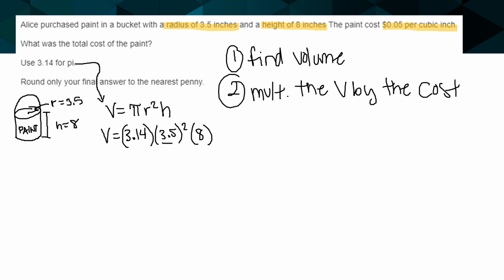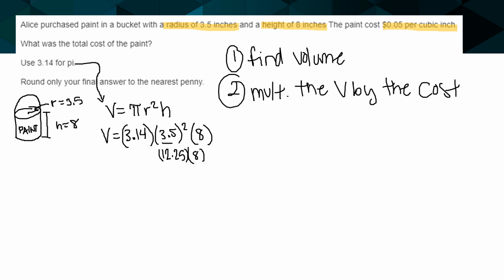First things first, we got to handle that exponent. And 3.5 times 3.5, or 3.5 squared, equals 12.25.